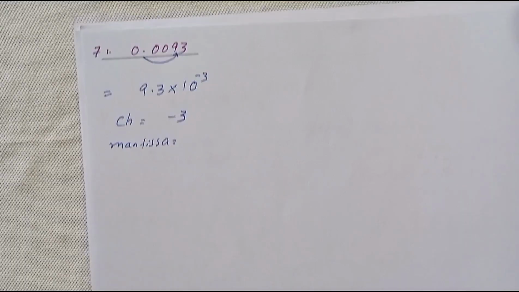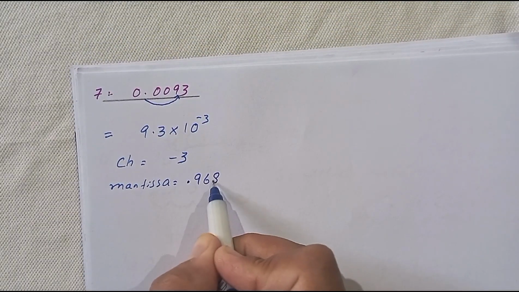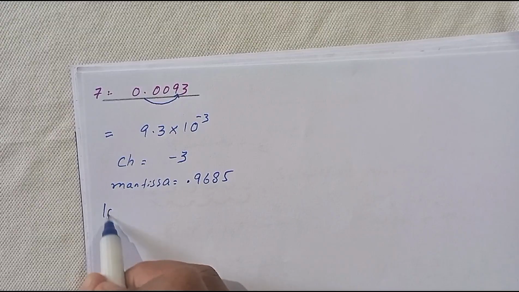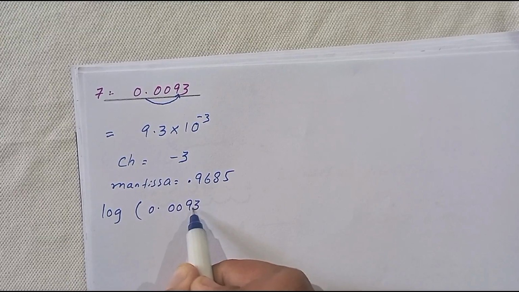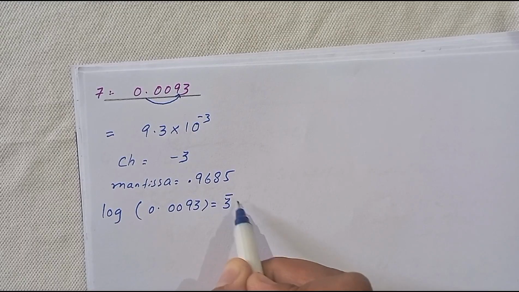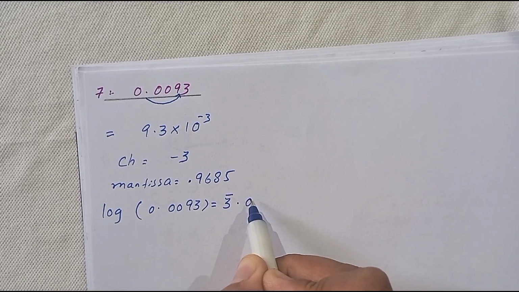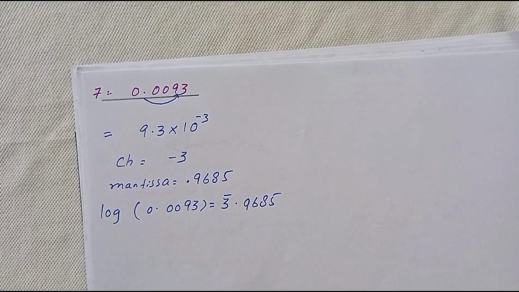So the mantissa is 0.9685, and the log value of 0.0093 equals, adding characteristic and mantissa, which is the required answer.